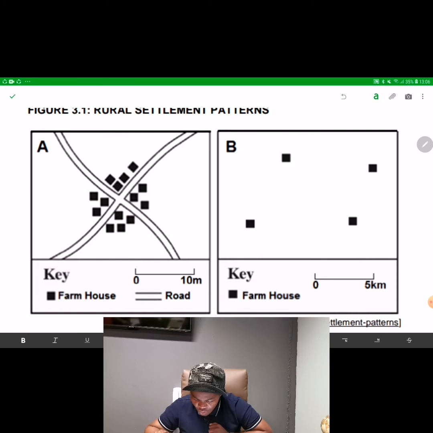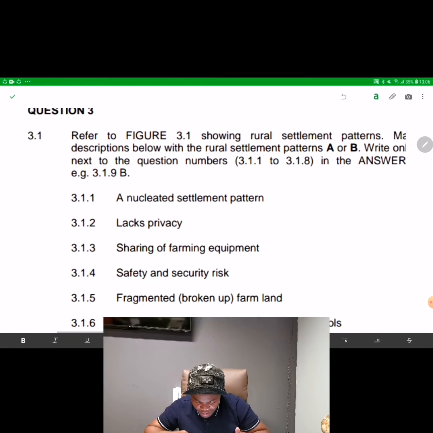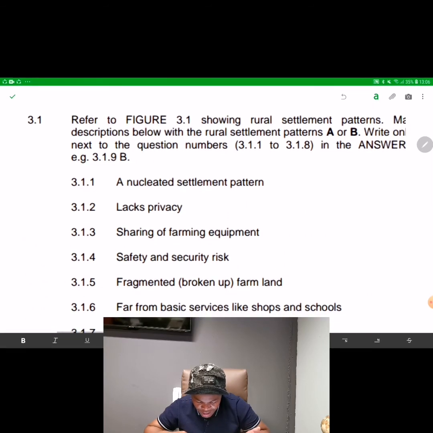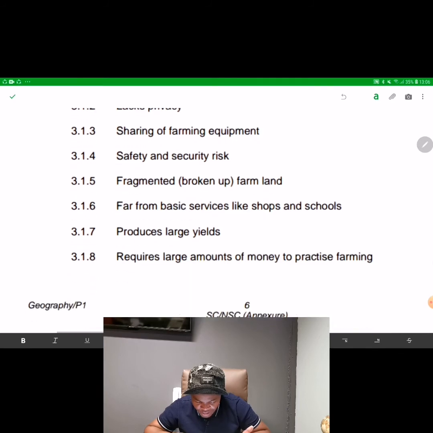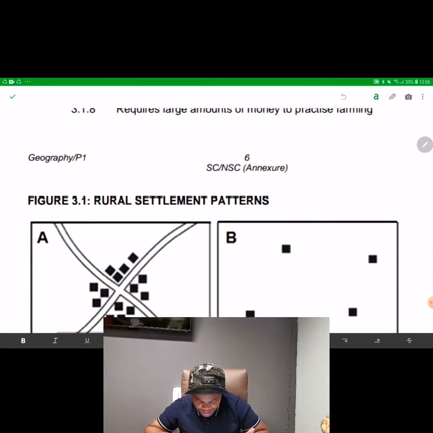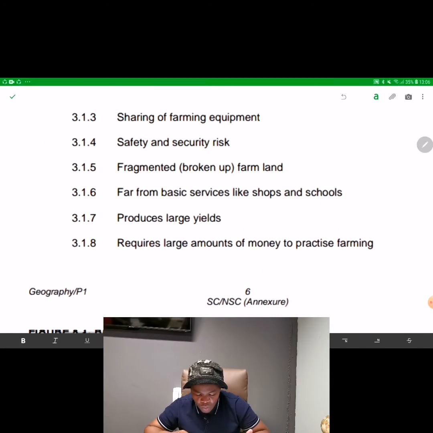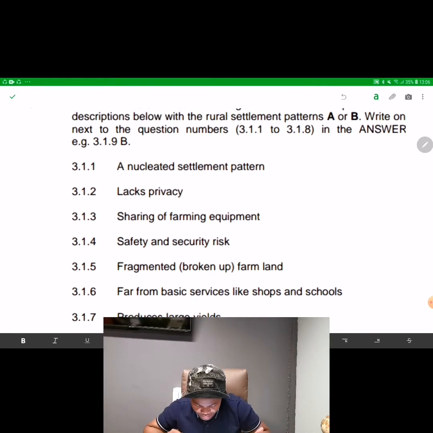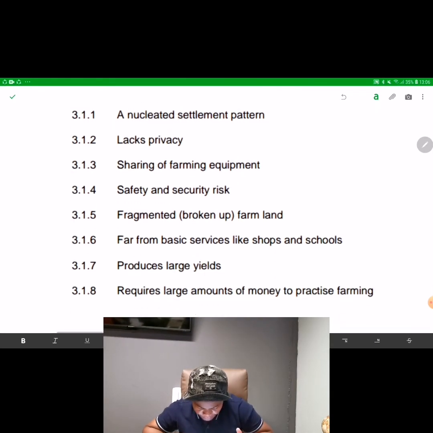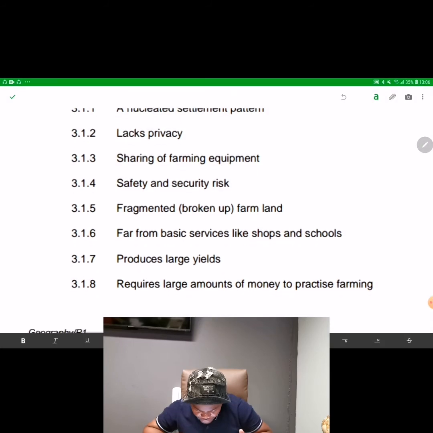You only have 4 farmhouses that are located there when compared to A. So now our question was saying we need to choose whether it's A or B, which is a nucleated pattern. And obviously our answer is going to be A, which shows a nucleated settlement pattern.